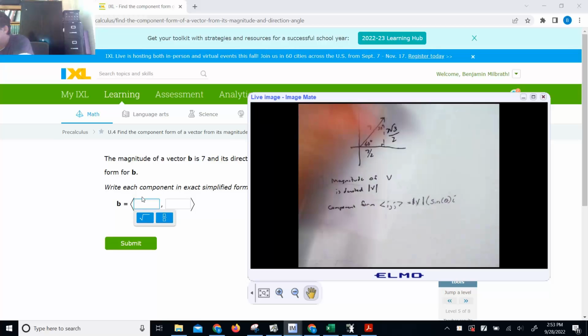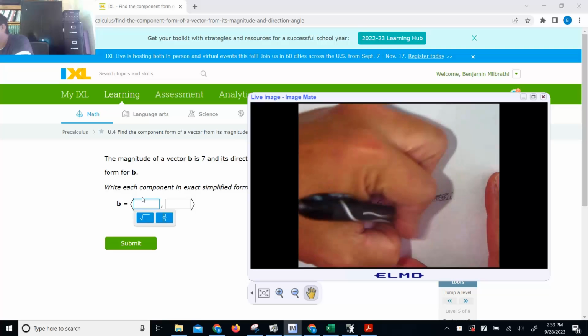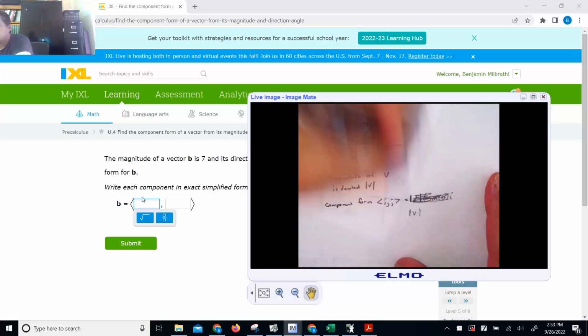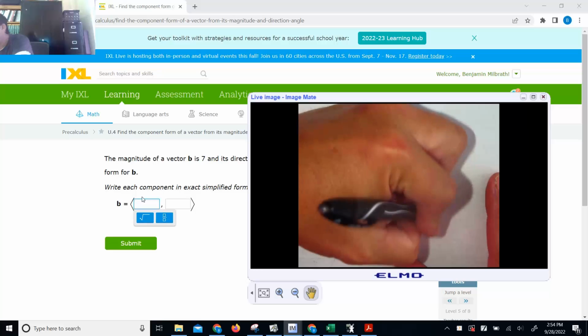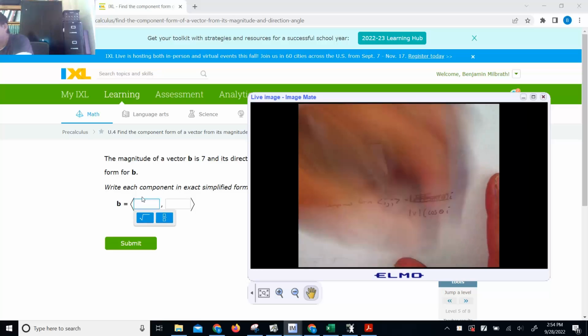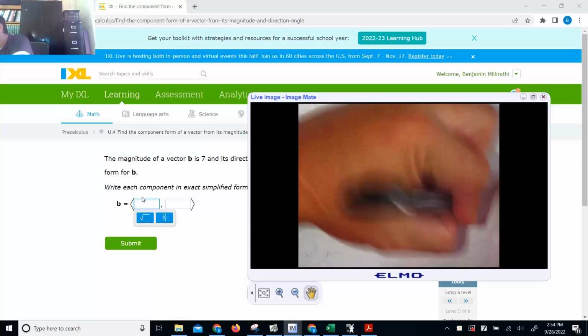Sorry, that got messed up. Again, running off memory here. Sine is y, isn't it? The magnitude of v times the cosine of theta i plus the sine of theta j.